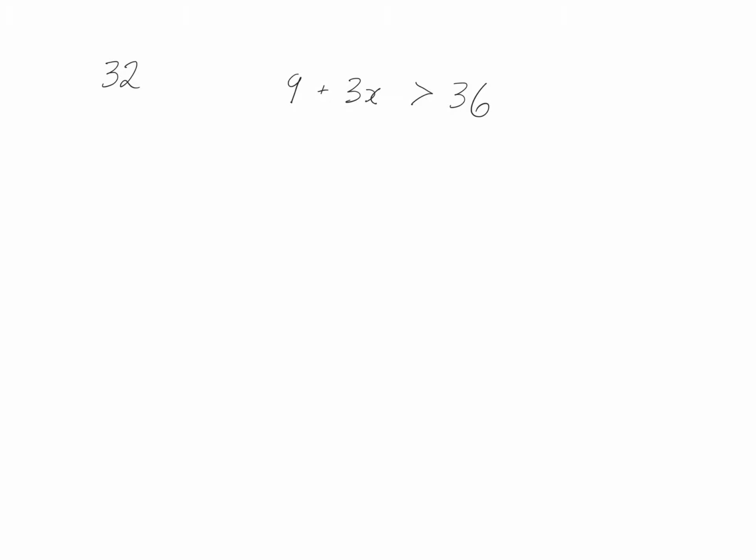Well, if they were equal, then x would equal 9. But 9 plus 3x must be greater than 36. So if we do x equals 10, then we get 9 plus 30, and that's definitely greater than 36. The answer is 10.